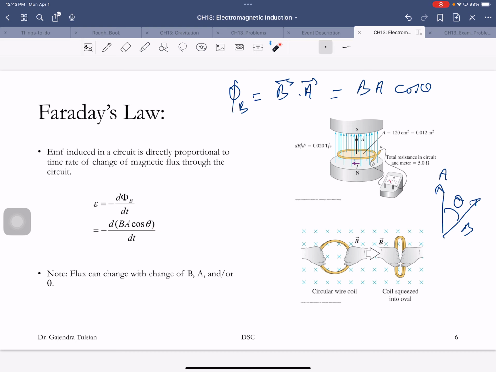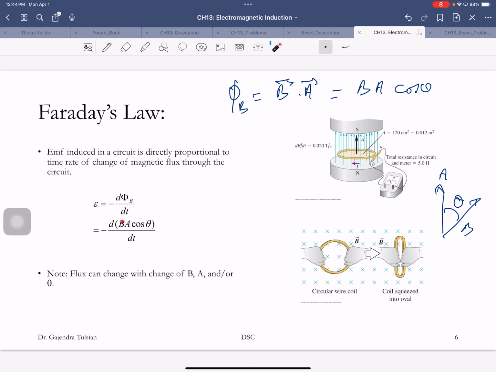Now anytime you want to induce an EMF, all you need is this right-hand side to be non-zero. You want to produce a voltage, you want the right-hand side to be non-zero. How do you make the right-hand side non-zero? Ensure that B, A, and theta are not constant.